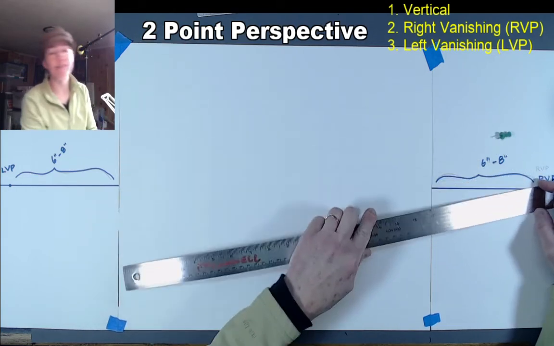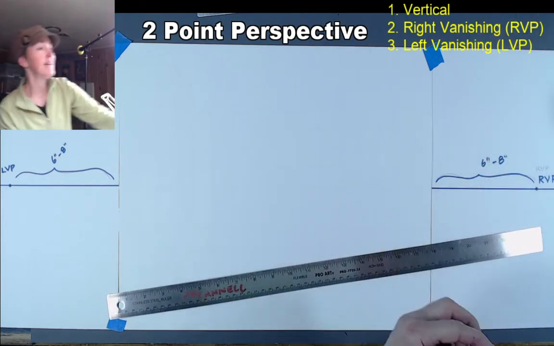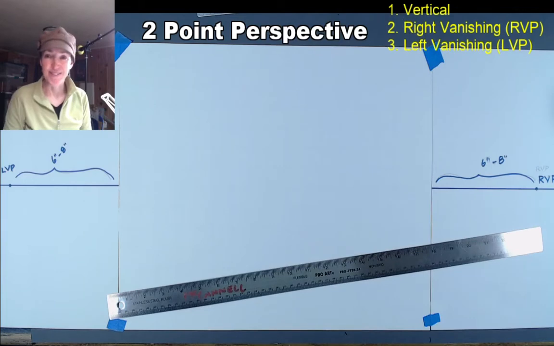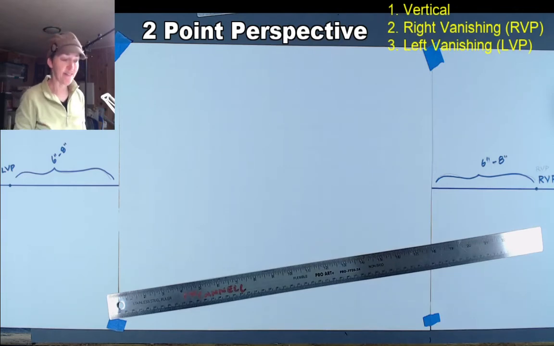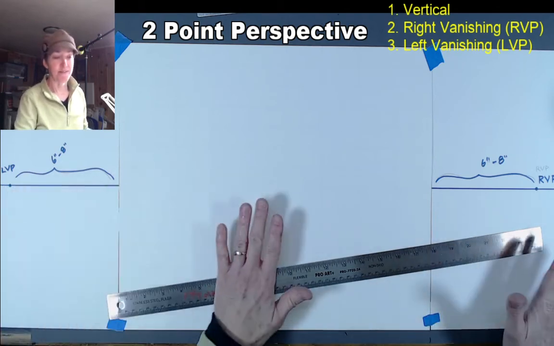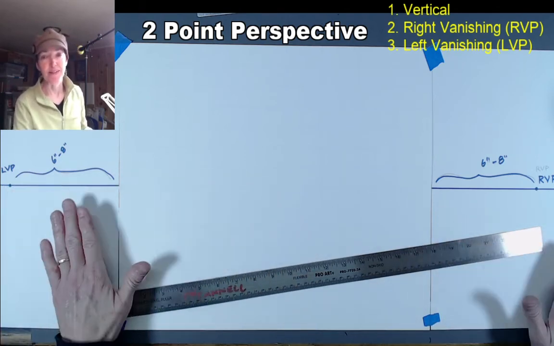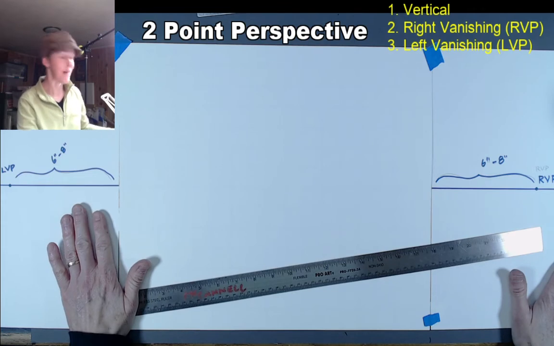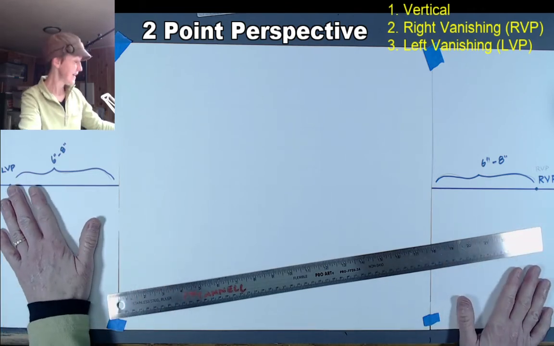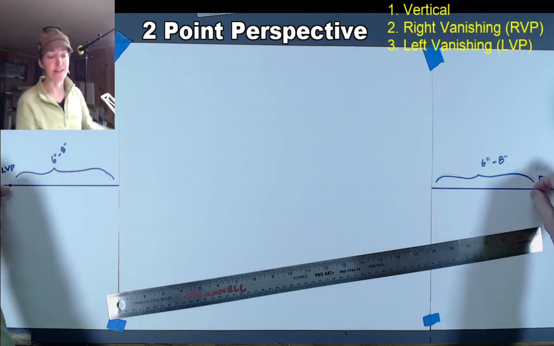It'll save a little bit of time if you have the option of actually sticking a tack into your tabletop. You might talk to whoever owns the table before you try that, but if you have a scrap piece of plywood or something you can put down, that can save you quite a bit of time and keep your registration really accurate, to have a little tiny nail or tack securely put into your vanishing points.